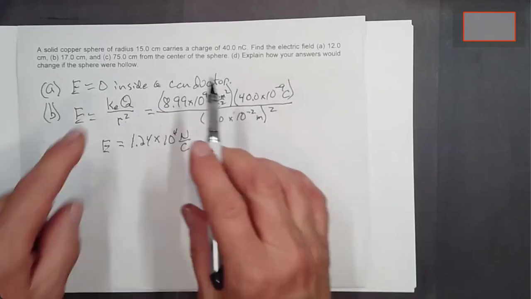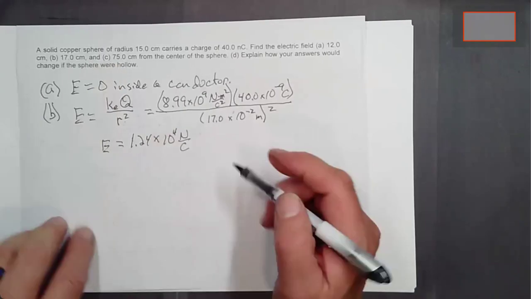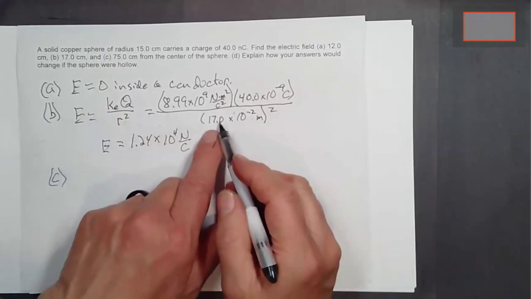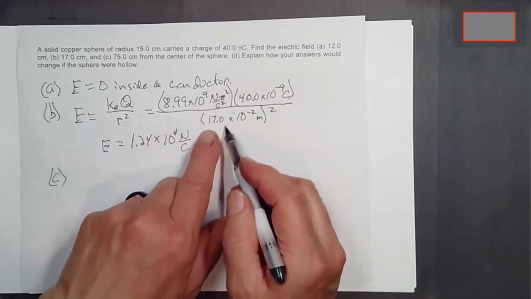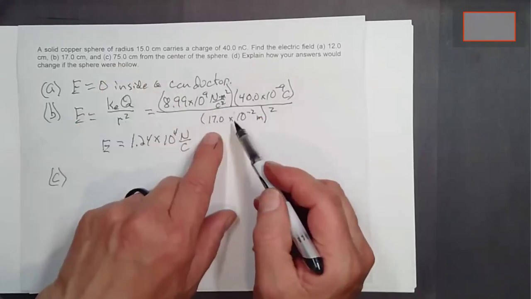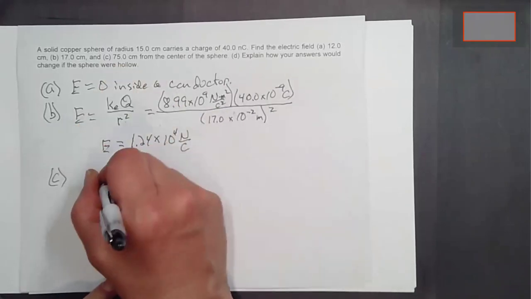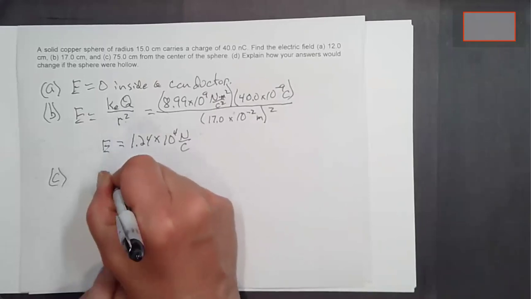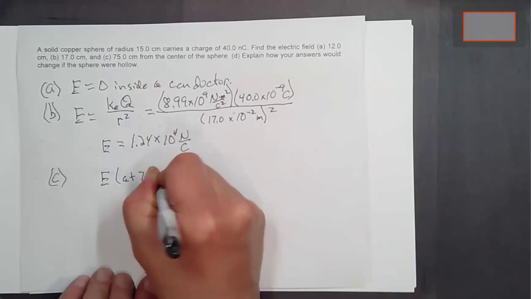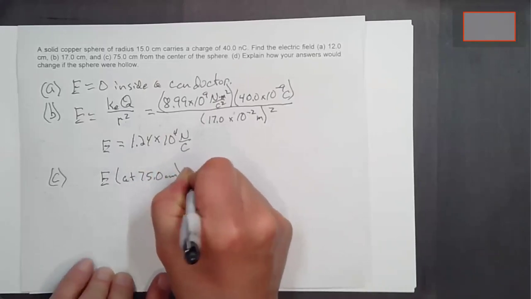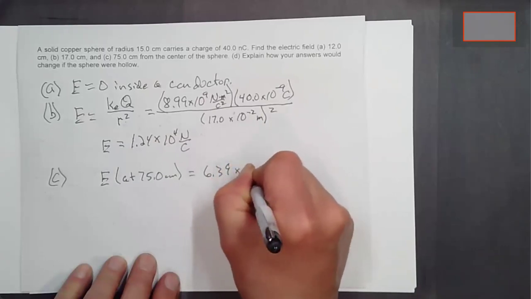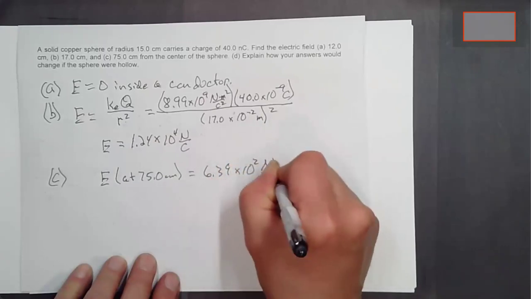For C, you just make the distance bigger. So all you have to do is replace 17.0 times 10 to the minus 2 meters with 75.0 times 10 to the minus 2 meters. And E at 75.0 centimeters is equal to 6.39 times 10 squared newtons per coulomb.